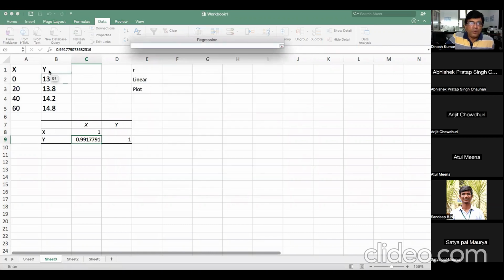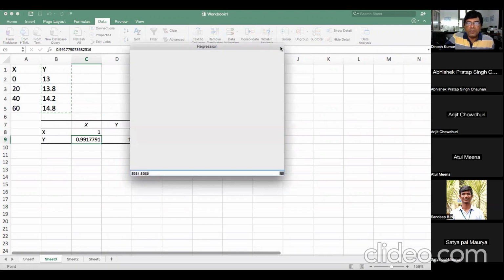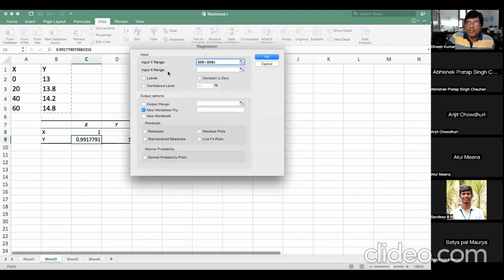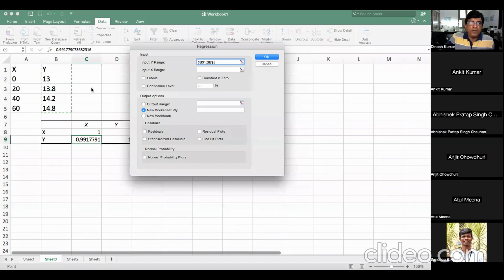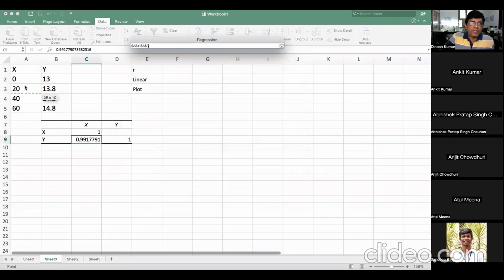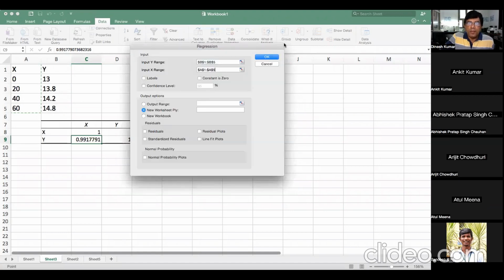Minimize it, go to this, select the Y from 13, 13.8 and up to 14.8. You select this and again maximize it and then go to input X range. This is the independent variable. So here you select X: 0, 20, 40, 60. Maximize it. And now you can put labels, because in the first row you have X and Y.